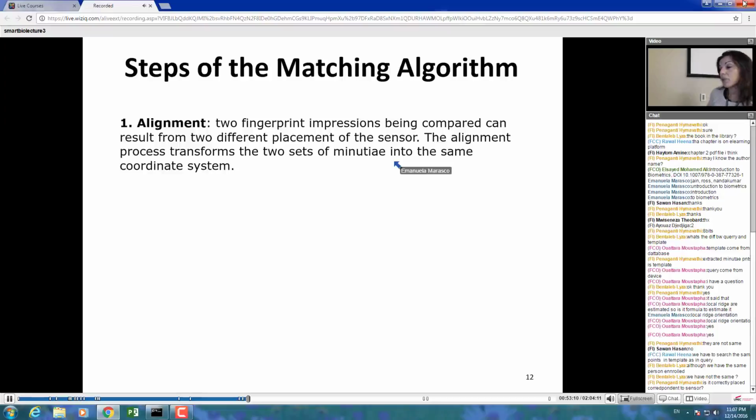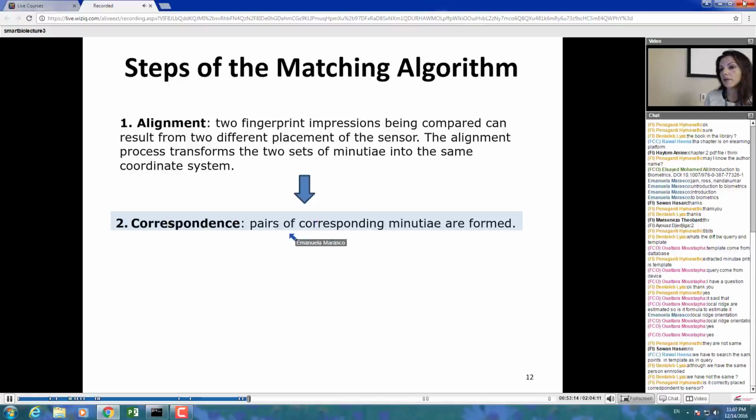And then we will have the second step of matching, which is correspondence. So we look for pairs of corresponding minutia, and we form pairs with one element in the template and one element in the query.